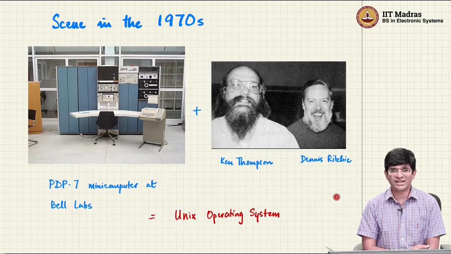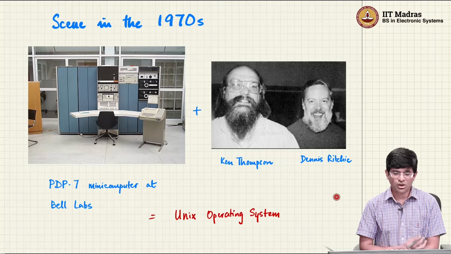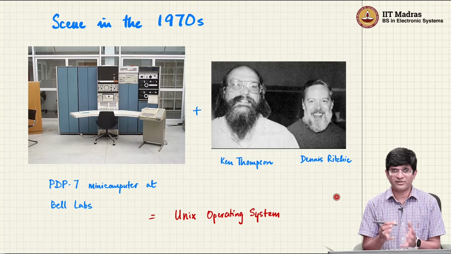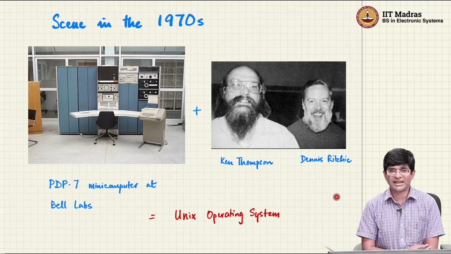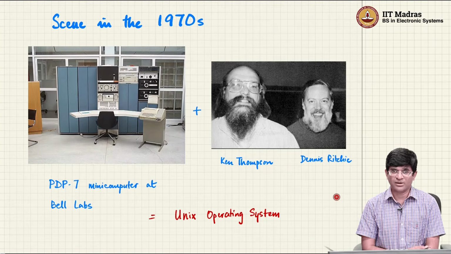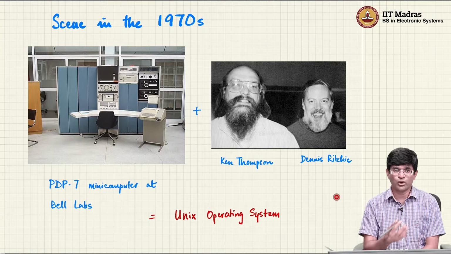The problem with Fortran is it was primarily geared towards a certain kind of mathematical computation, not so much at fiddling with the internal guts of what the computer can do. Not an ideal language for an operating system, in other words, right? So operating systems at that time were primarily written in assembly language, directly coding the kind of sequence of steps that we looked at in the previous examples, right?